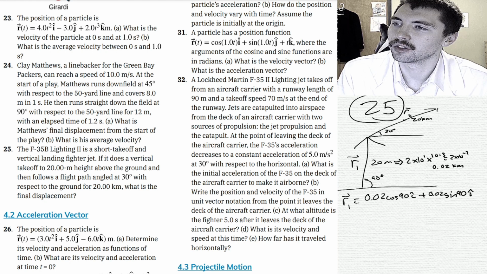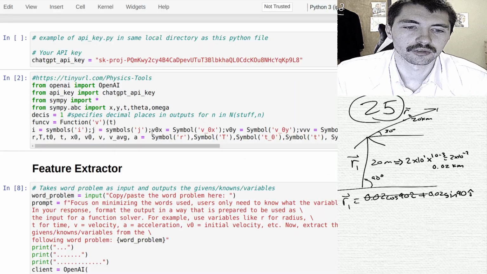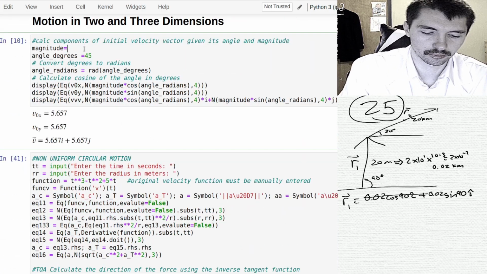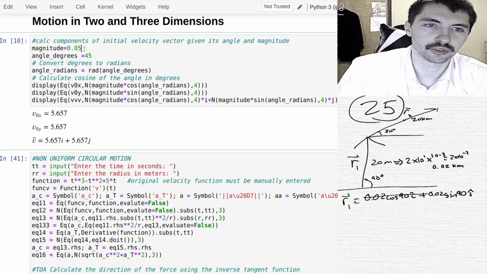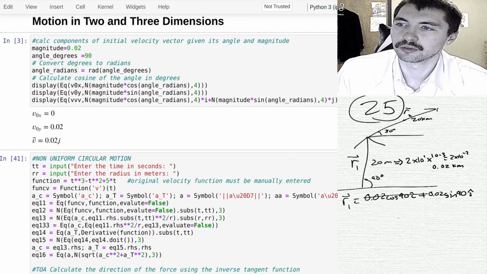We already know that cosine 90 will be 0, so before we even calculate it, we know what will cancel out. Our calculator will do this for us, 0.02 at 90 degrees.